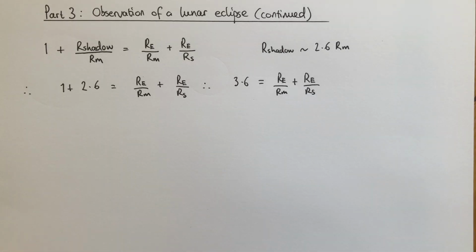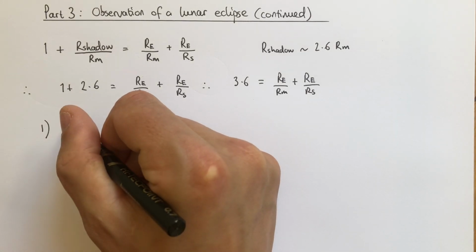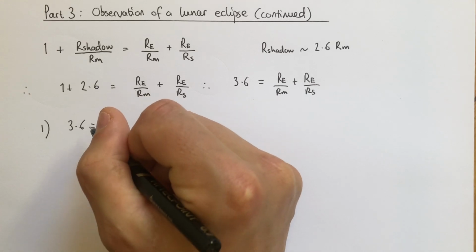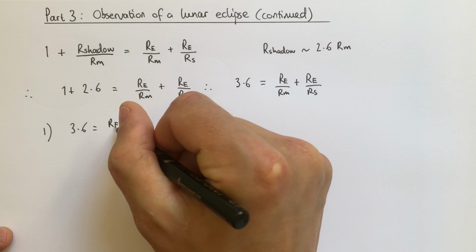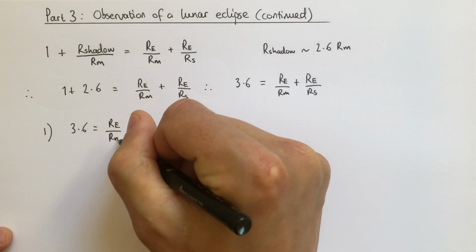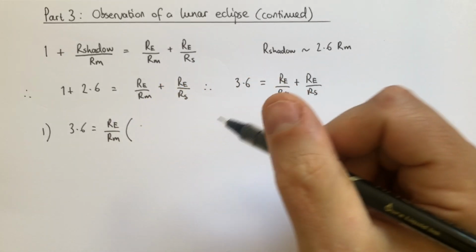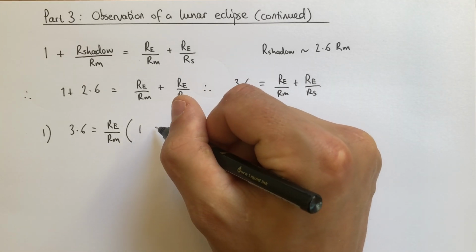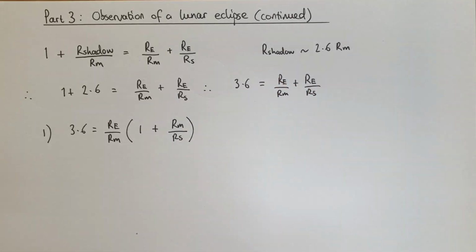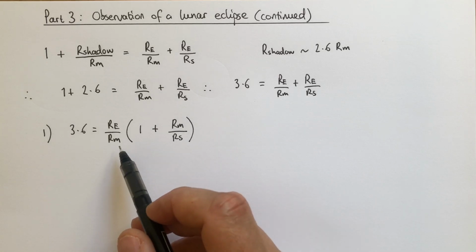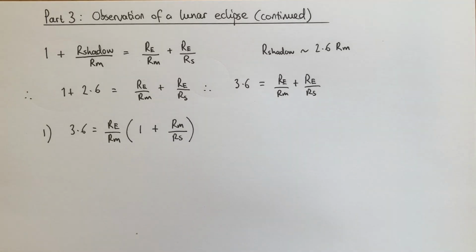Now what we can do is take this expression and factorize it in two different ways. The first way is by writing 3.6 is equal to, and now we take out a factor of re over rm, and we can write this as 1 plus rm over rs. You can confirm that this is indeed the case by multiplying out this expression, and you see that you will recover this expression over here.